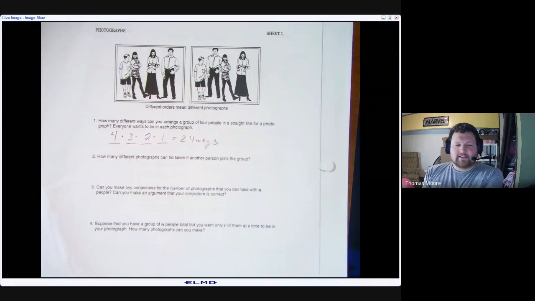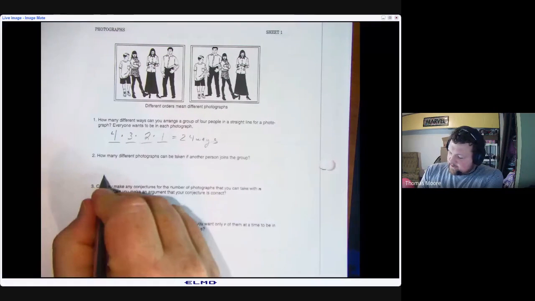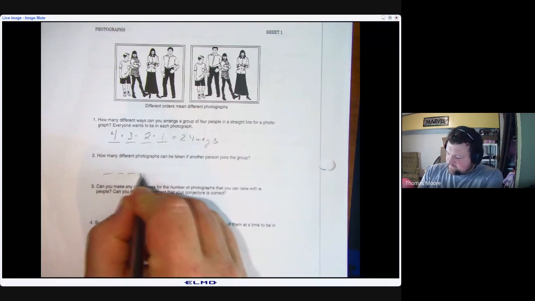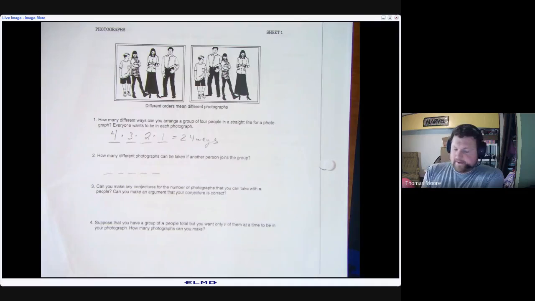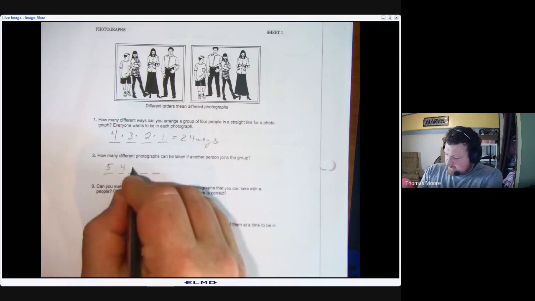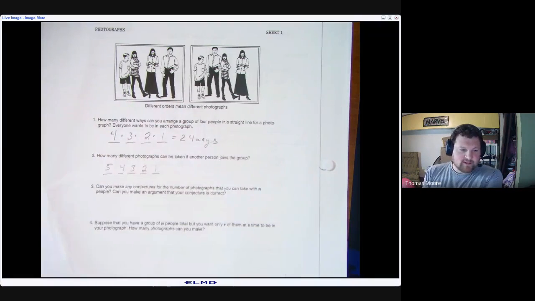But it says, how many different photographs can be taken if we add another person to this group? Well, now we're talking about 5 people being selected in these different areas. So if we write this out, now we have 5 slots. So 1, 2, 3, 4, 5 slots. Our first one we would have 5, then 4, then 3, then 2, then 1.